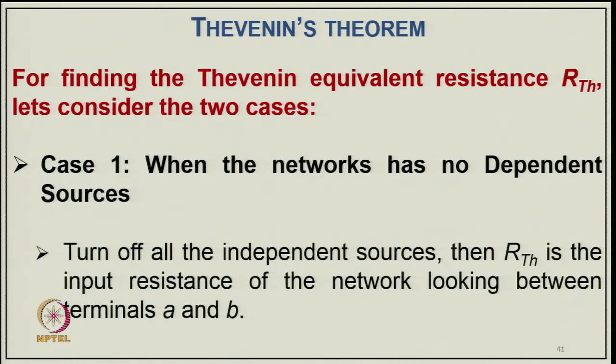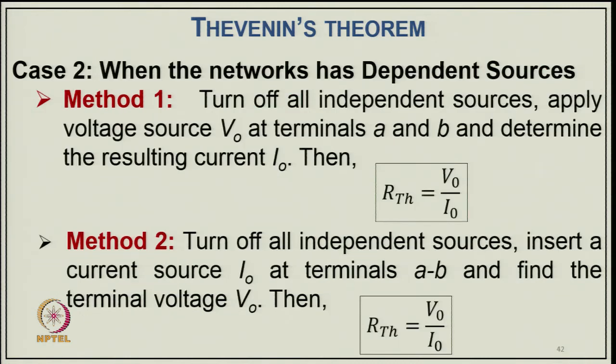For finding the Thevenin equivalent resistance RTH, let us consider two cases. Case 1, when the network has no dependent sources: turn off all the independent sources, then RTH is the input resistance of the network looking between the terminals A and B. Case 2, when the network has dependent sources.